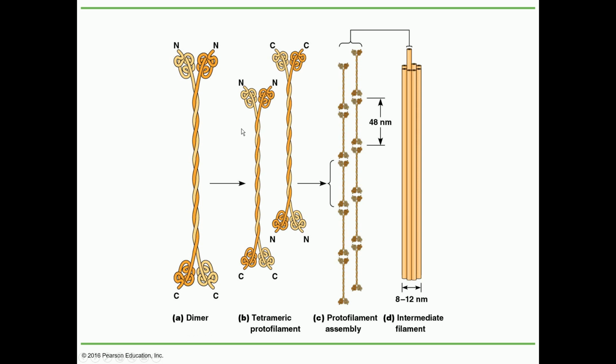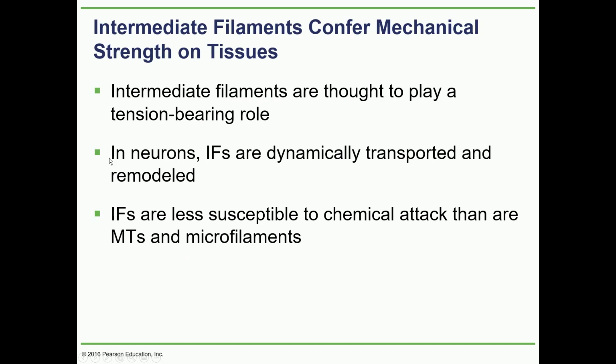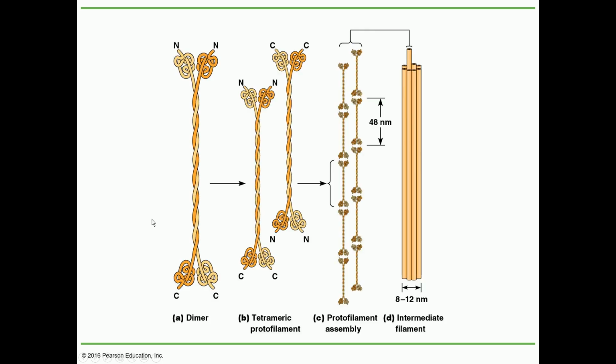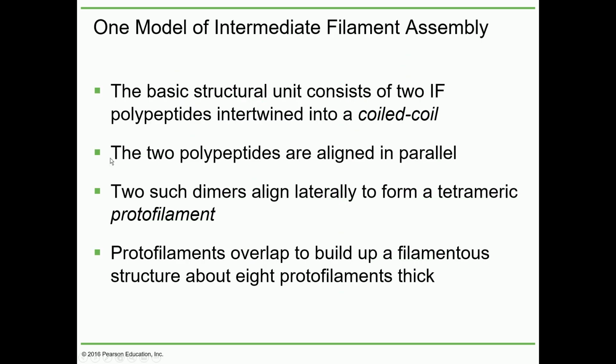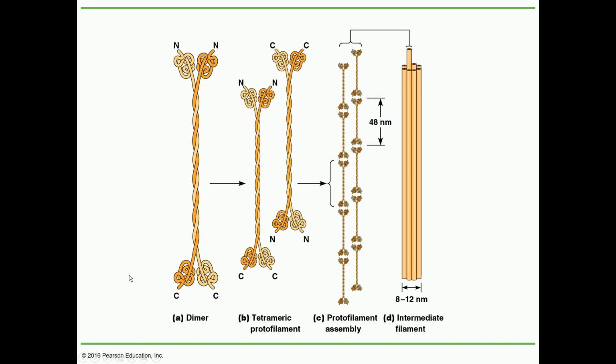So this is one dimer. The two polypeptides are aligned in parallel, as we just saw, and two such dimers align laterally to form a tetrameric protofilament. So these are two dimers, and they form a tetrameric protofilament.